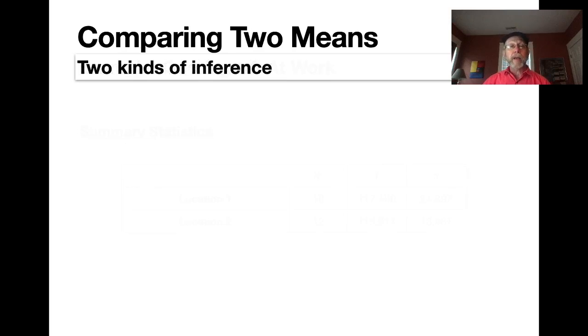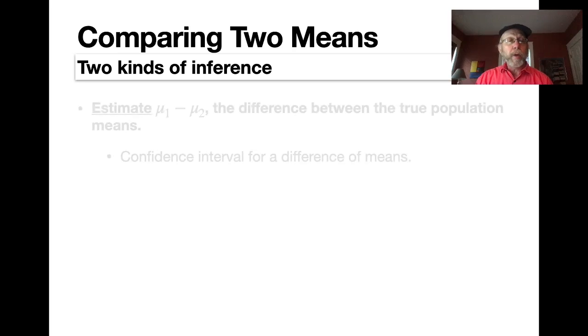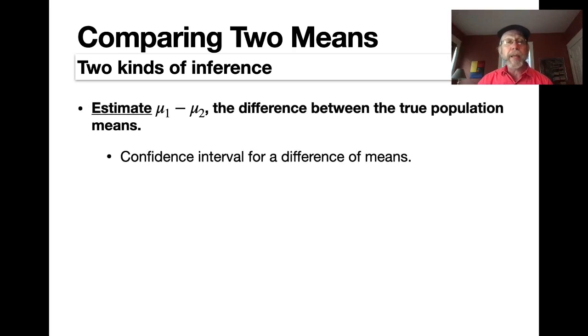So in doing this kind of inference, there's really two approaches we could take, and those are the same as we've seen in one sample problems. We could look at the problem of estimating the difference between the true population means. The estimation problem is solved by a confidence interval. So we'll be looking at two sample confidence intervals in this talk.